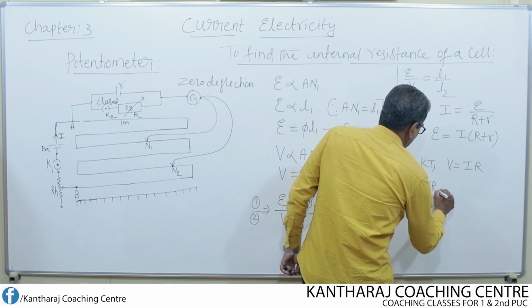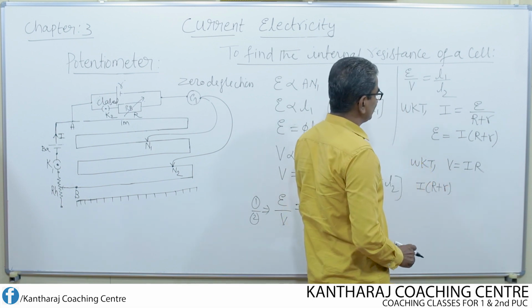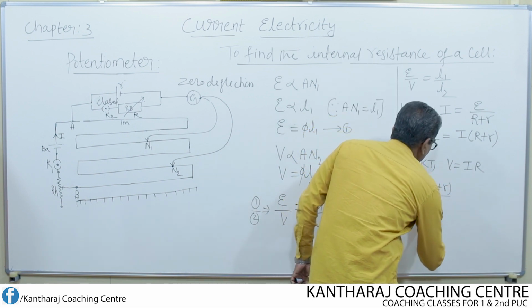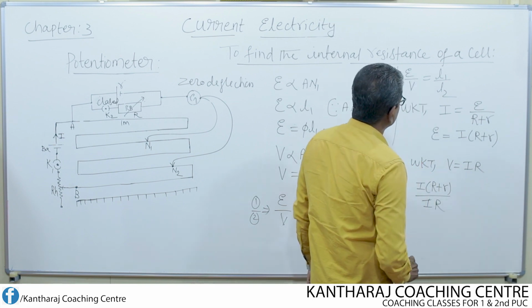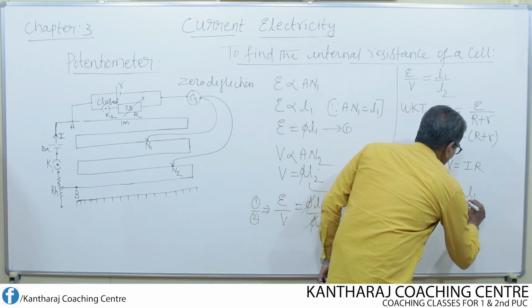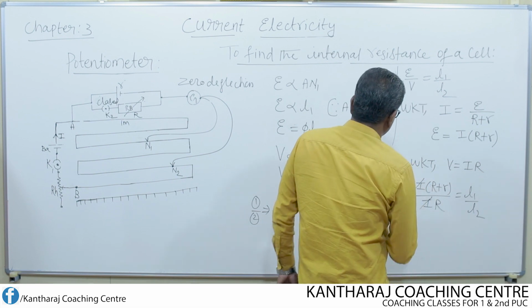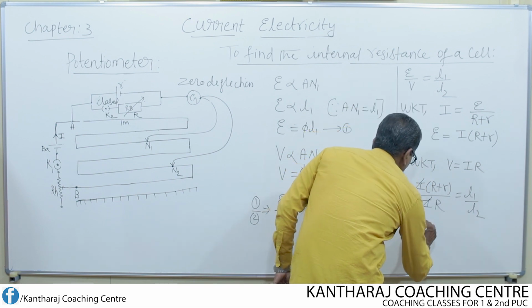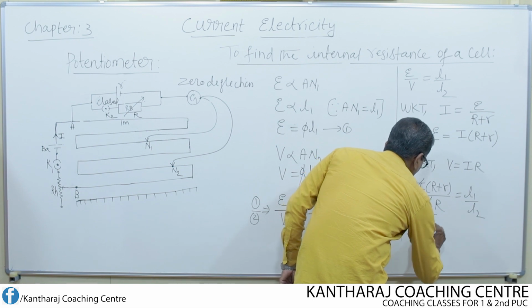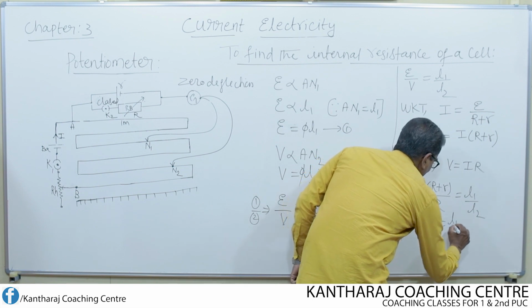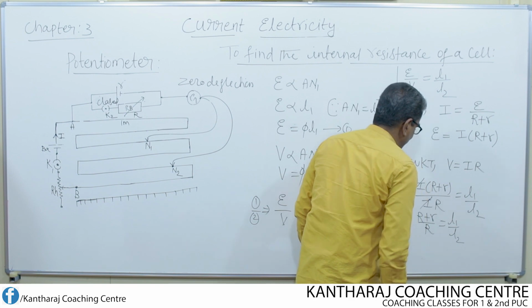I into R plus r divided by I into R equal to L1 by L2. I and I get cancelled. Then what is left? R plus r divided by R equal to L1 by L2.